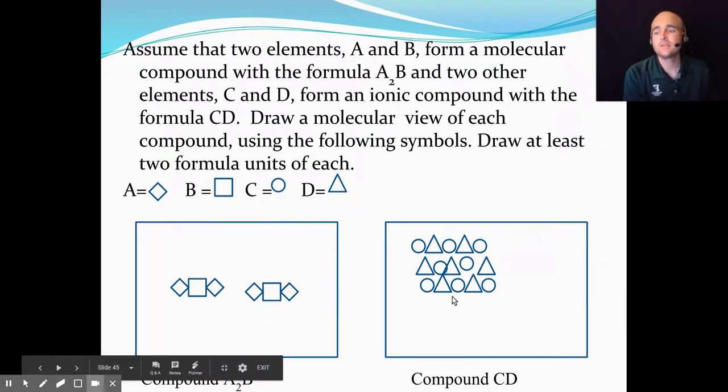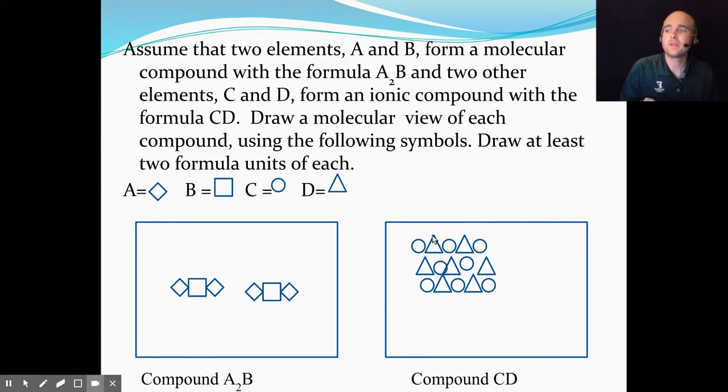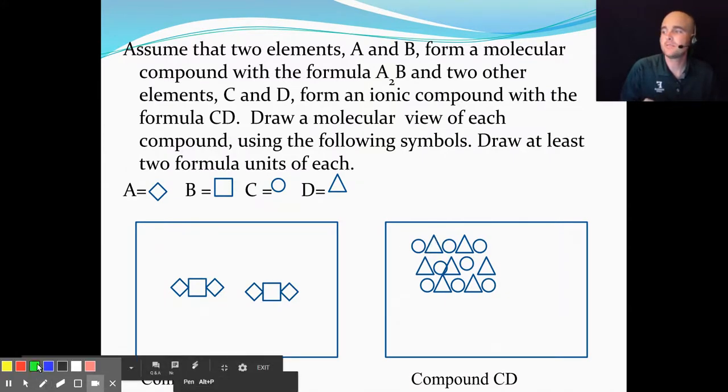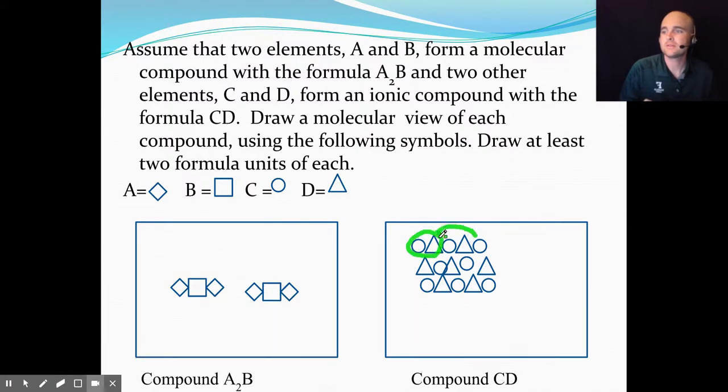In this one, I've drawn two formula units here. Here's one formula unit, but here's another formula unit. Those are two formula units. I've also drawn some extra ones in here. Remember the problem said draw at least two? The reason why these are happening is because they're aligning themselves just right.